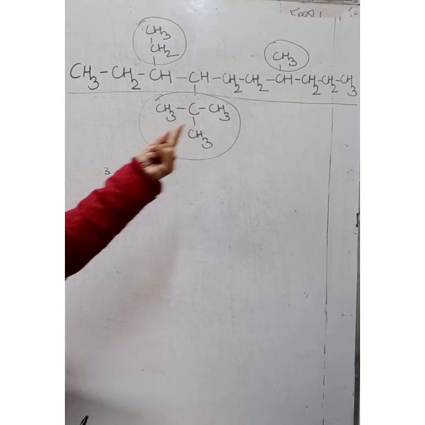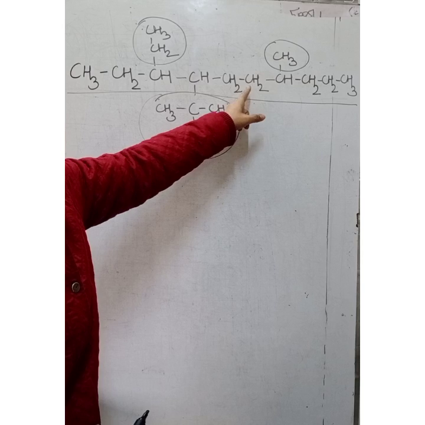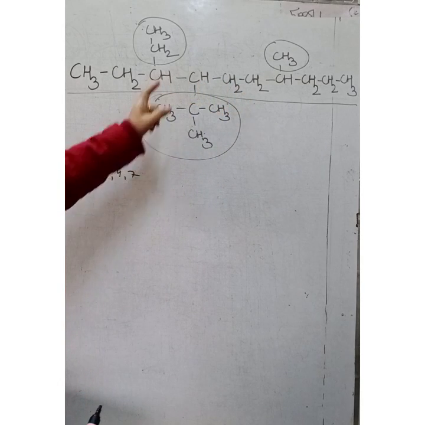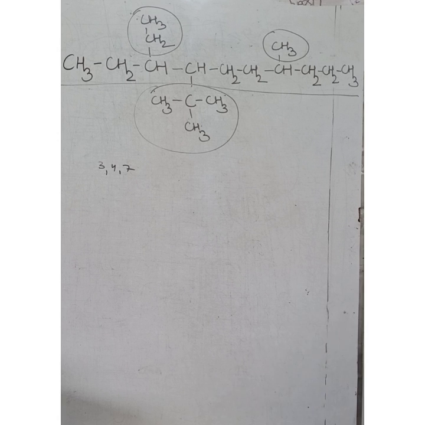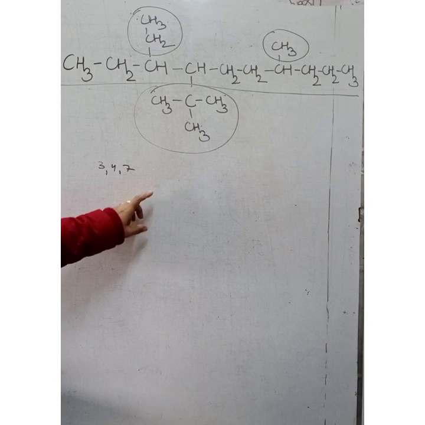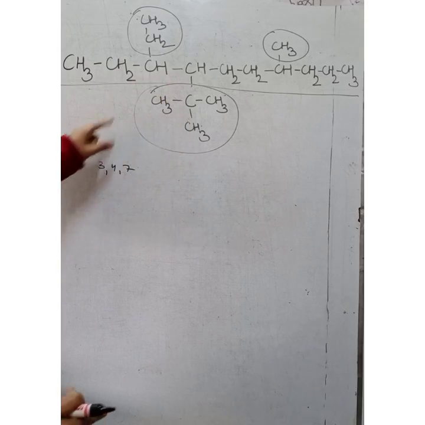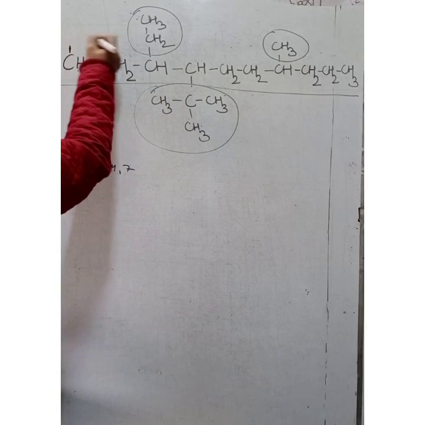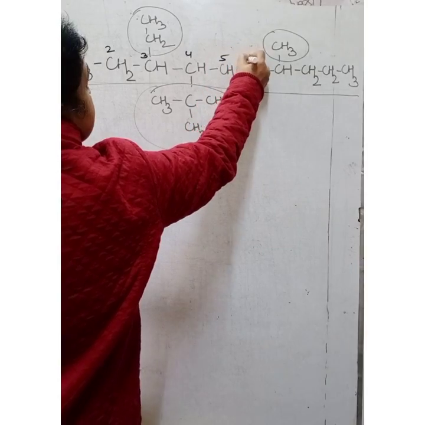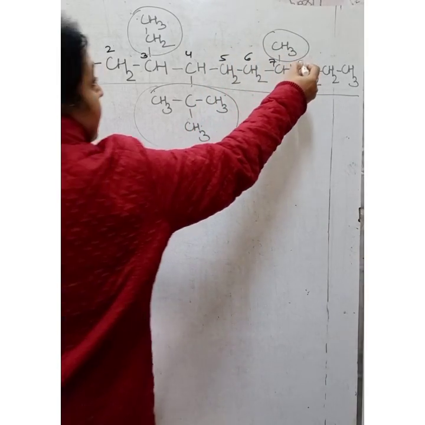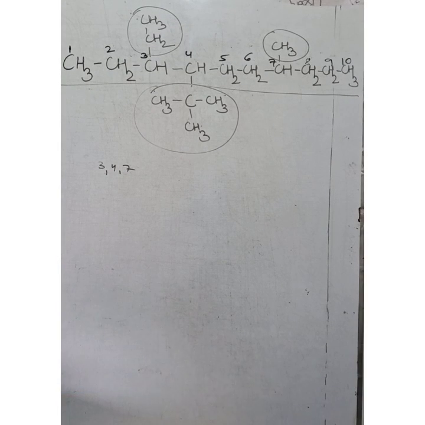If you number from the opposite side, 1, 2, 3, 4, 5, 6, 7, 8, then 4, 7 and 8 is there. Hence, we have to follow the lowest set of locants rule, and we will use the numbering from the left side. 1, 2, 3, 4, 5, 6, 7, 8, 9 and 10 carbon atoms are there.